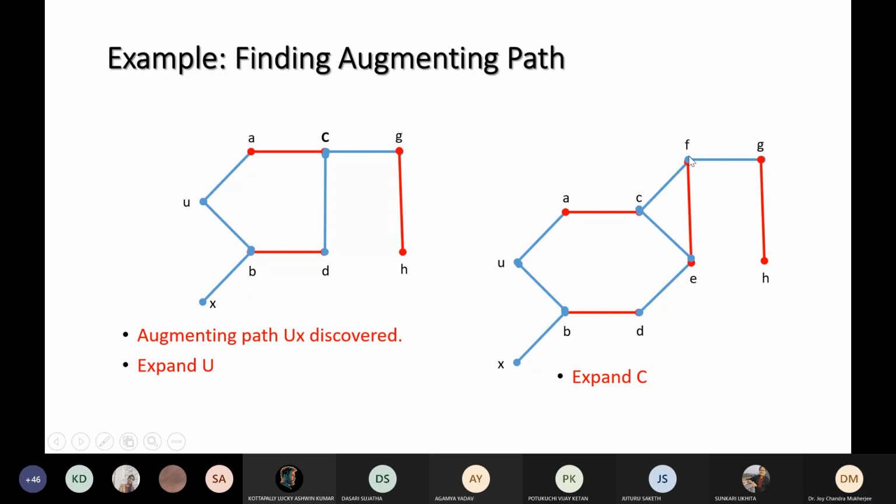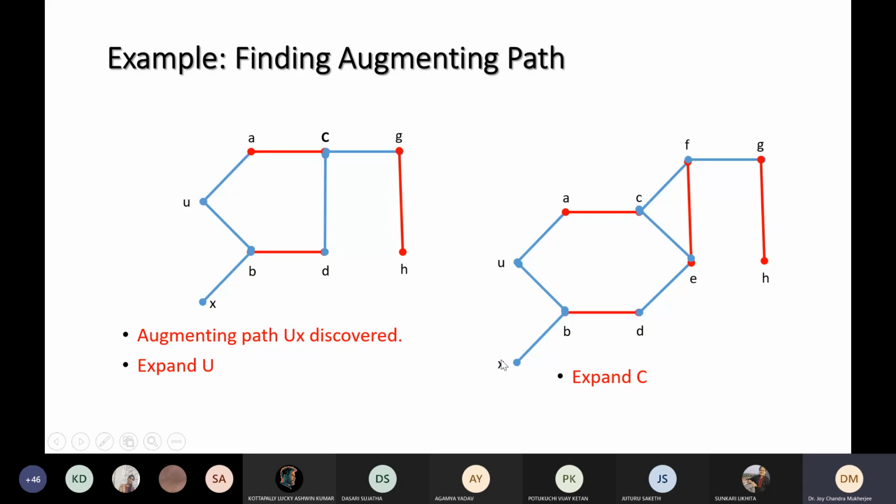From EF, I go by FC. This is an unsaturated edge. Then CA is a saturated edge, and AU is an unsaturated one. So I found an augmenting path: XB, DE, FC, AU. And when I reach U, I find that it is unsaturated. So I stop here, and I get an augmenting path, the UX augmenting path.